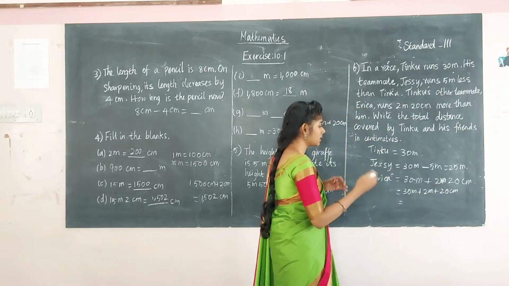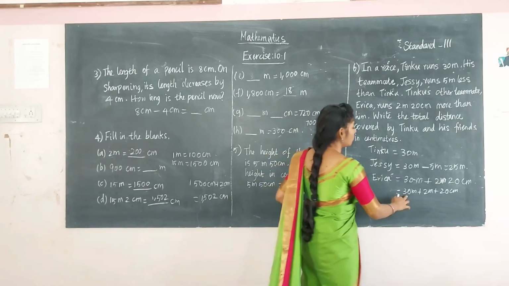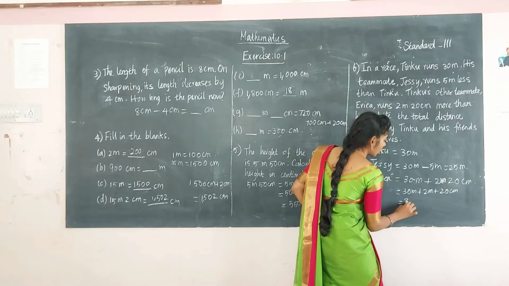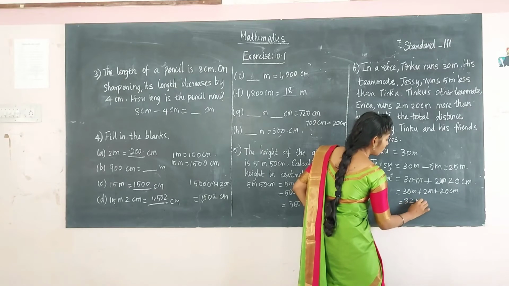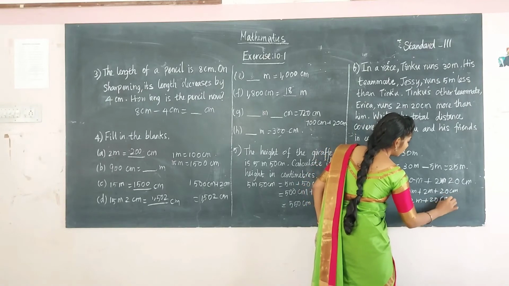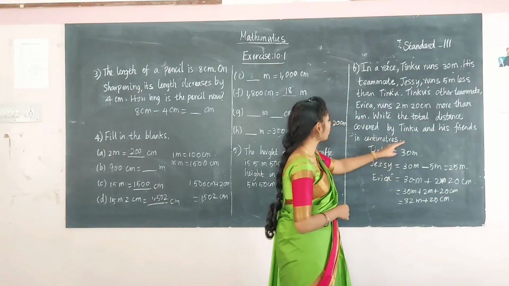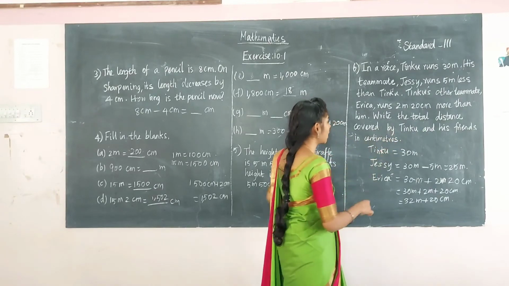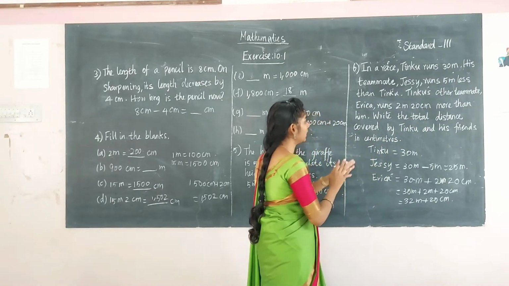So you can write in centimeters or in meters. So now calculate these two, 30 meters and 2 meters. So you can write that as 32 meters plus 20 centimeters. Now we have to find the answer in centimeters. The unit in centimeters you have to give. So you have to total all that.